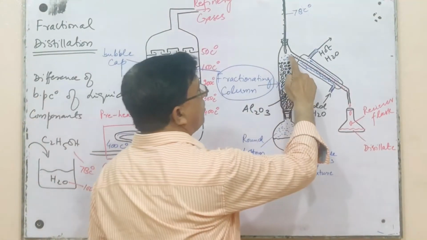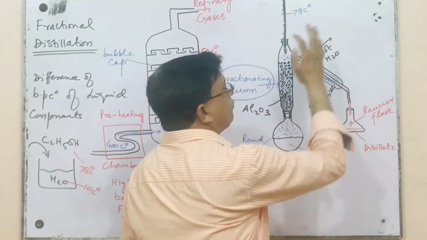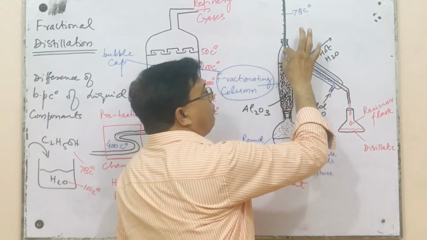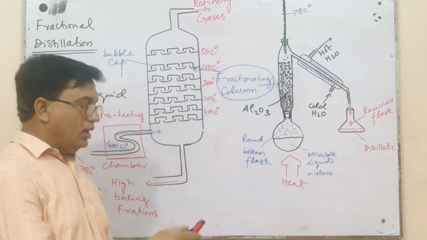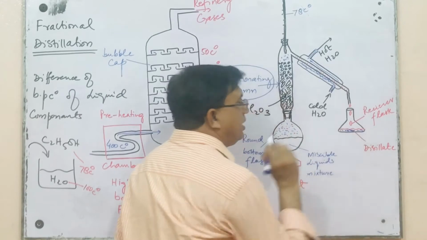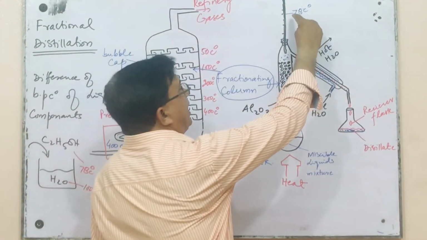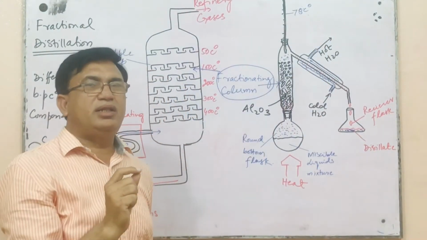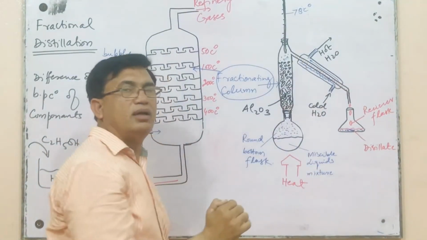Now, vapors of alcohol will start entering the condenser, and as the cold water is flowing through the condenser, it will condense all these vapors into the liquid state, and we will get a liquid component here at a particular temperature. Now, remember, as long as the temperature remains 78 degrees centigrade, this will indicate that the same component vapors are coming.